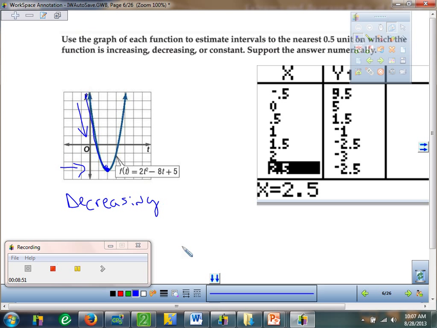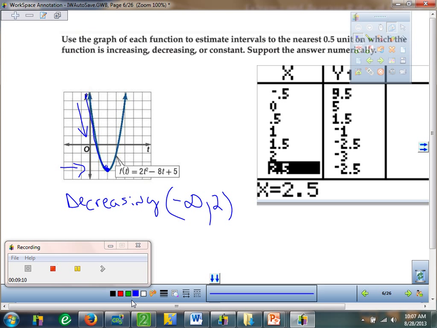And again, we're decreasing from negative infinity to this point, which again we're talking about in terms of x, so that's going to be 2. Alright, so we're decreasing from negative infinity to 2.